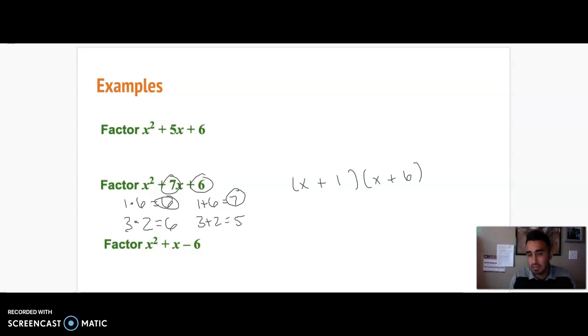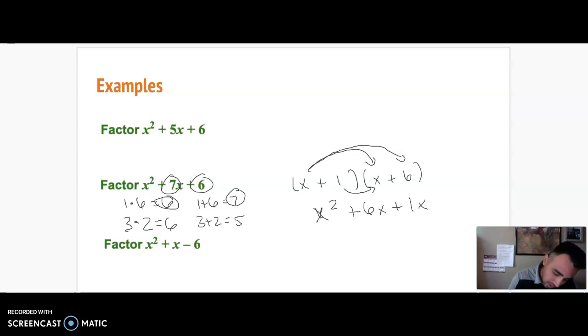Now obviously we want to make sure this is correct, so we're going to FOIL it out. X times x is x squared. X times 6 is a positive 6x. 1 times x is 1x. You don't have to put that 1 there, but I just put it there for the purpose of the example. And then we have 1 times 6 is 6.